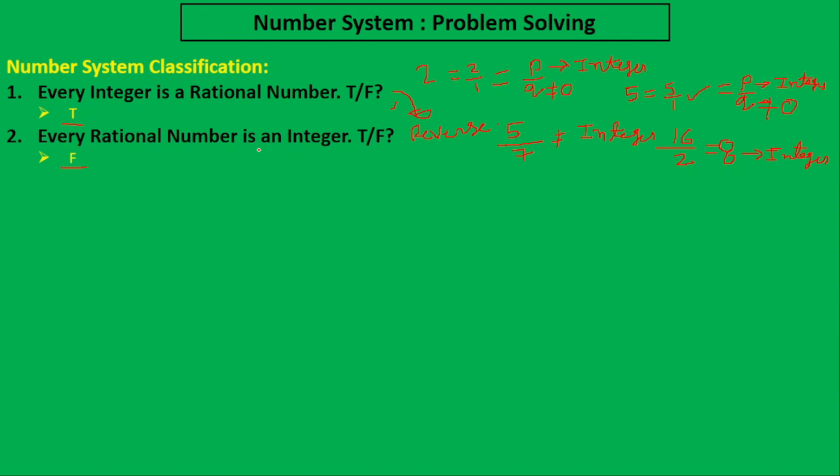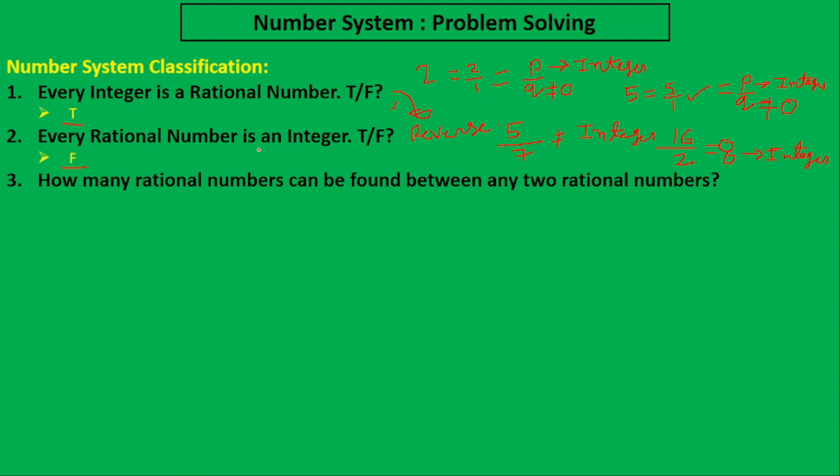How many rational numbers can be found between any two rational numbers? We know that if one number is p, another number is q, then one number in between them is p plus q by 2. Suppose two rational numbers q1 and q2 are there.